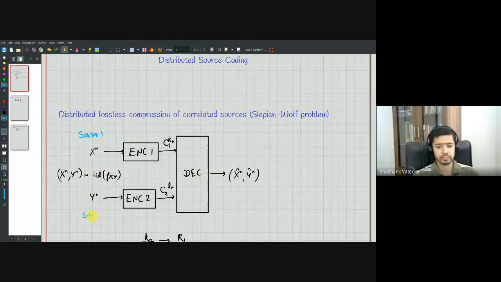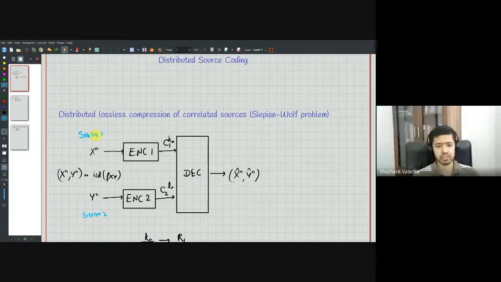Sensor 2 is also making n measurements at the same time, and has to send these n measurements to the server. And you want to minimize the number of bits that are communicated from the sensors to the server.